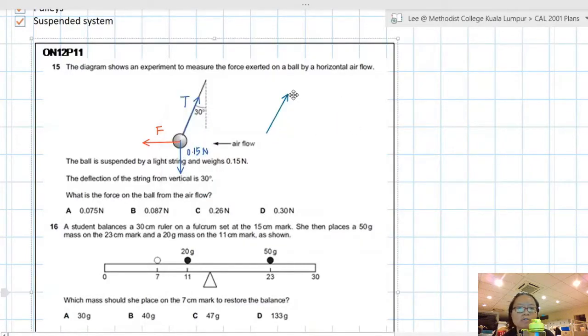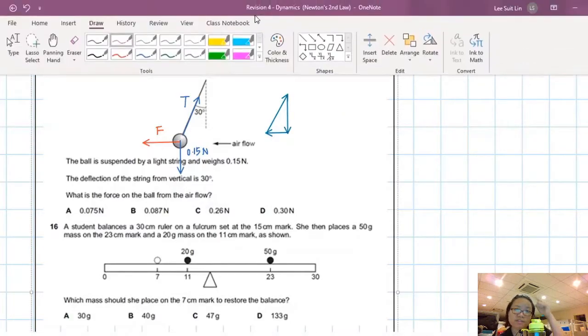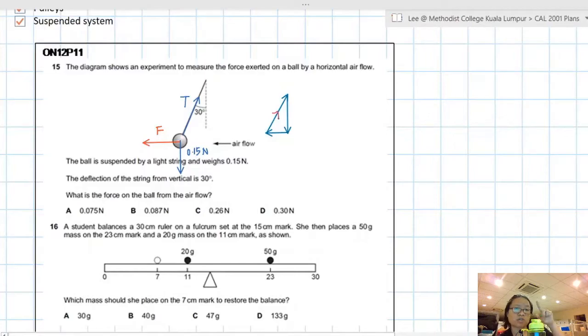And at the same time, you will have weight pointing downwards. So it's going down, and your value of F is pointing in this direction. There you go. Whenever you have this cyclic triangle of forces, it means that the net force is 0 because there's no resultant. It goes in a circle.